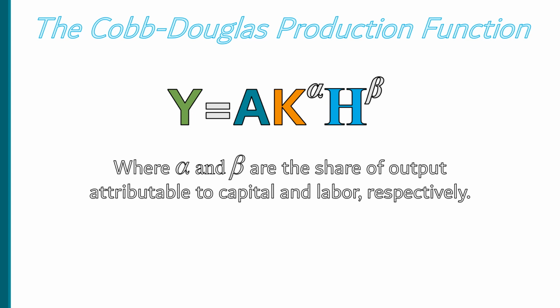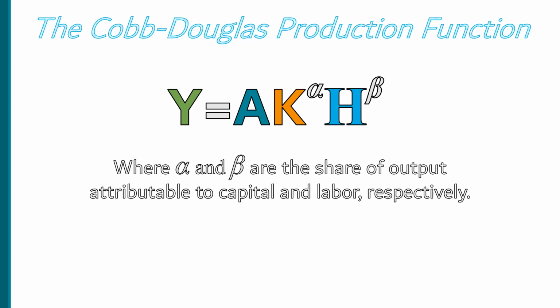Alpha and beta are just placeholders, and the numbers we choose to put in for them represent the share of output attributable to capital and labor respectively. To exhibit diminishing marginal returns, both alpha and beta need to be less than 1, and usually we pick numbers that add to 1 for convenience.